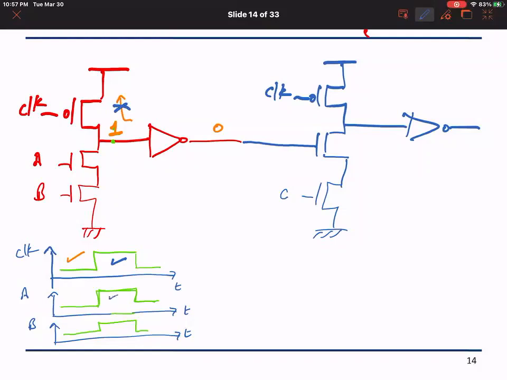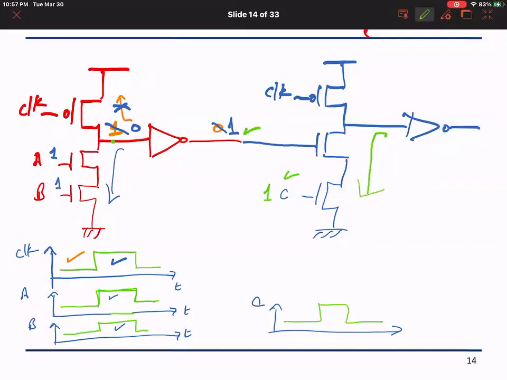Now if A comes out to be 1 and B comes out to be 1, then it is going to pull down the output. The 1 becomes a 0, and then the 0 becomes a 1, and if I happen to have also C to be 1 during the high clock, then 1 and 1 will pull down this output.